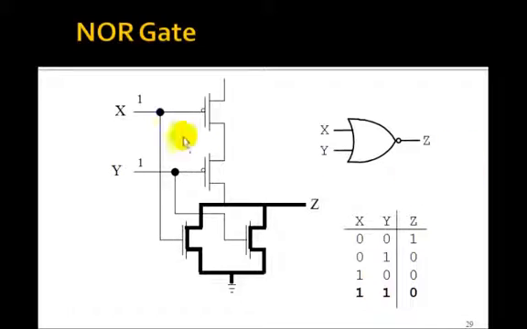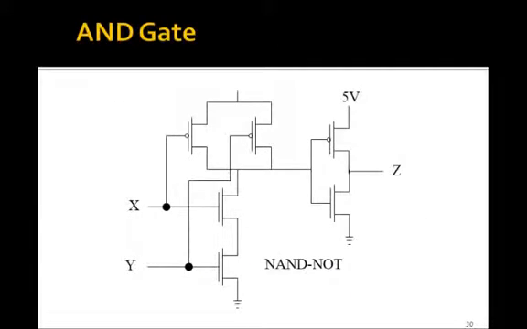Now remember, we need the PMOS ones to go up here to 5 volts. We need the NMOS ones to go to ground. So to make an AND gate, that's just a NAND NOT. So we really need 6 transistors here, because now all the PMOS ones are here, all the NMOS ones are here. So this was the NAND gate we just did, and then we just NOT it again, and that gives you an AND gate.